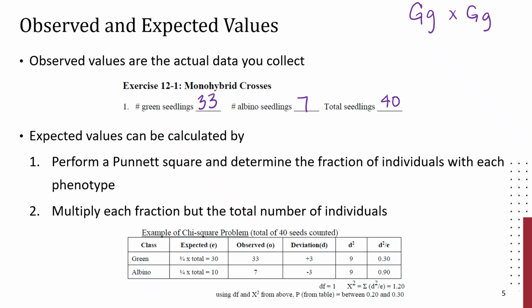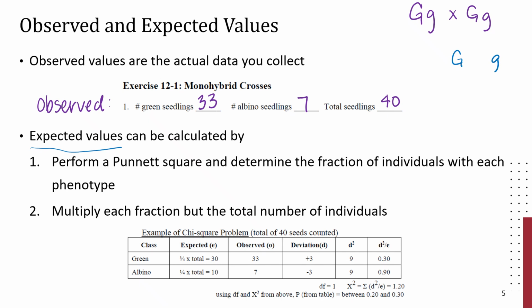In order to determine our chi-squared value, we need to figure out how many we would expect to be green and albino if we had 40 total seedlings. So this is our observed value. And we need to figure out how many we would expect. So to do this, to get our expected value, we're going to perform a Punnett square with these parents.